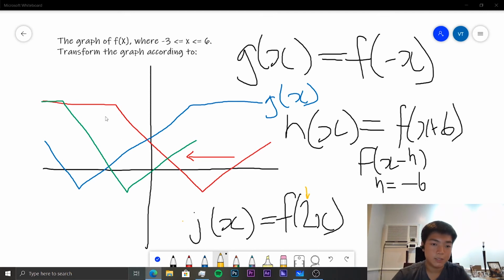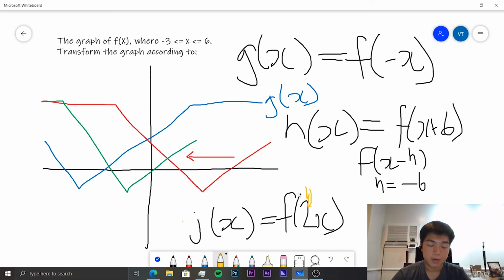Since we have 2x, this would actually be a compression since this number is greater than 1. And so our new function would look something like this. And this would be j of x.